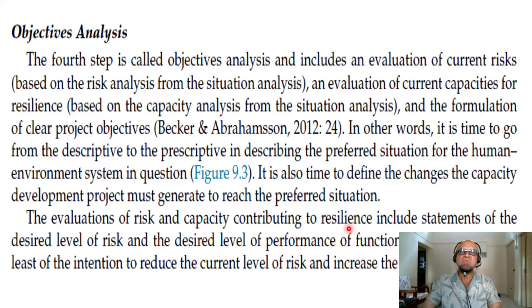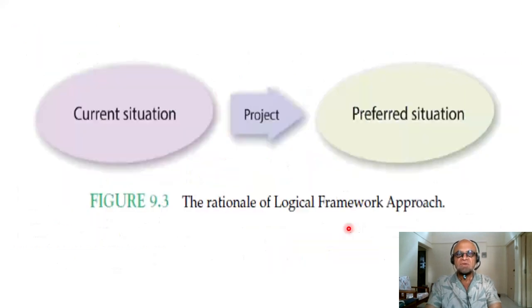That's the bare minimum for any situational change you want to do in going from current situation to a preferred state. The preferred state must have lower risks and function better as well in a functional performance sense that we discussed before.